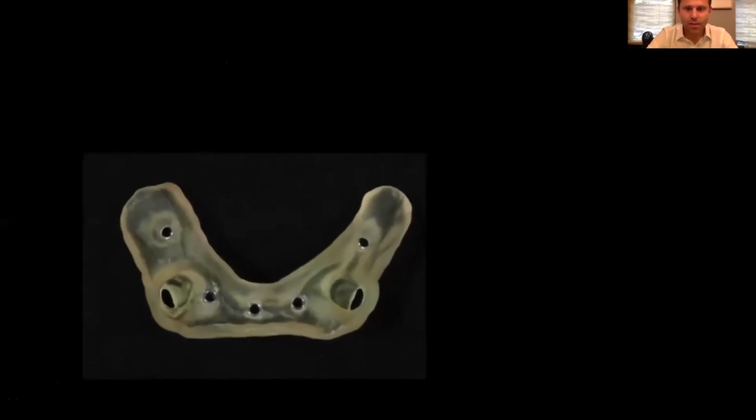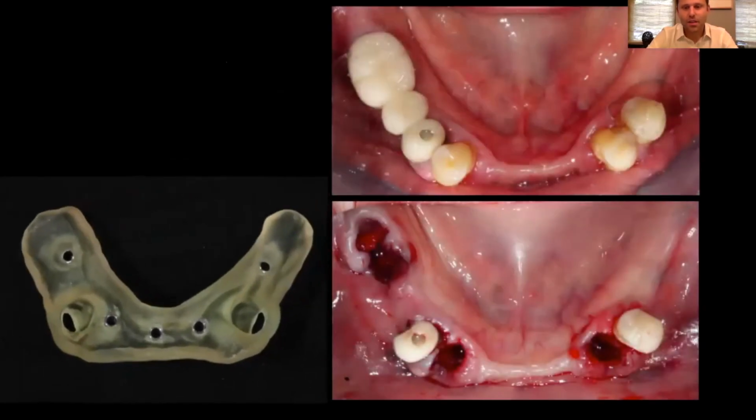We decided to extract 4 of the teeth and section the bridge so that the guide can be over the premolar and over the freestanding tooth. So we can get 3 implants right there, and then behind those two teeth, we're able to drill the osteotomy for the rest of the 2 implants.